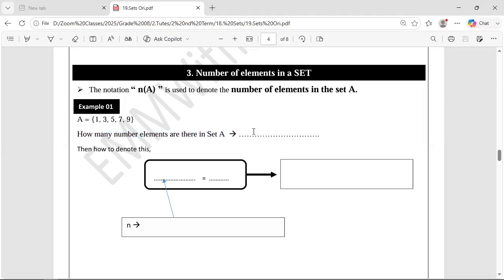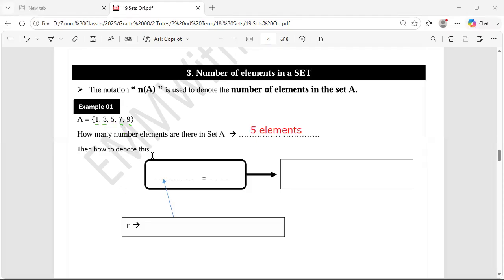Count them: 1, 2, 3, 4, 5. There are 5 elements.